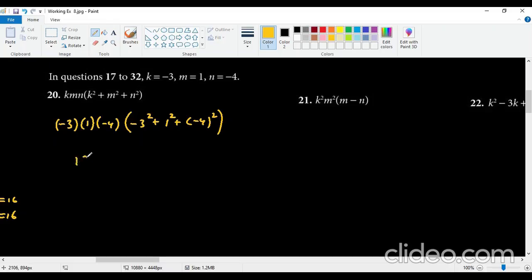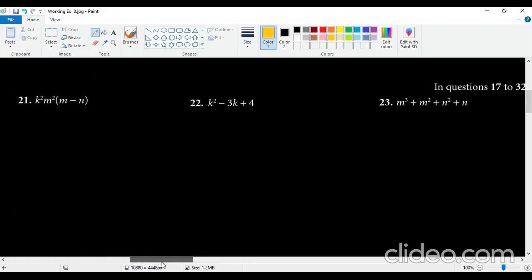So outside the bracket, you will get a plus 12, and inside the bracket you have 9 plus 1 and plus 16, because negative 4 and negative 4 gives you a 16. So 10 plus 16 is going to give you a 26, and 12 multiplied by 26 is going to give you 312 as an answer.